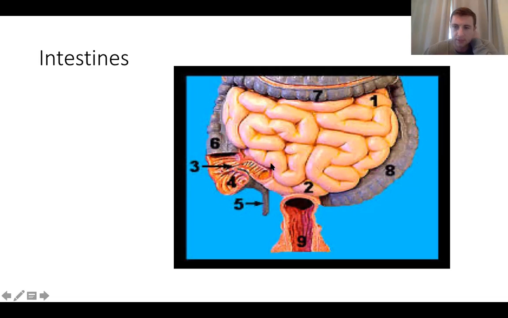Your small intestine is churning and pushing to get the food out of your body, and it's absorbing nutrients, digesting, and giving you what you need, like your energy and everything else you need to survive. So once it goes through this large intestine, it's just digesting that food, absorbing all the nutrients that you need, and it just keeps pushing it out.